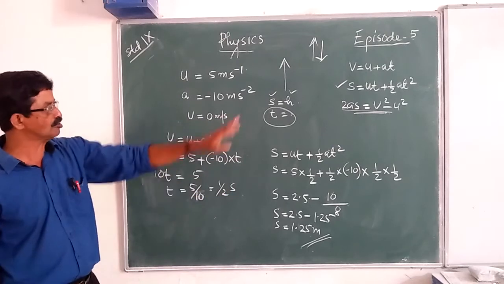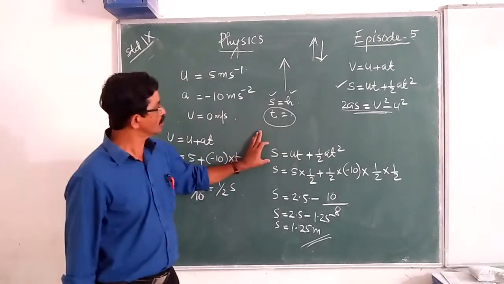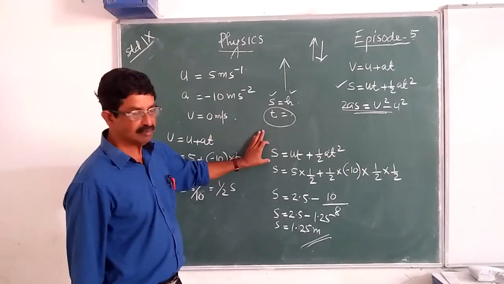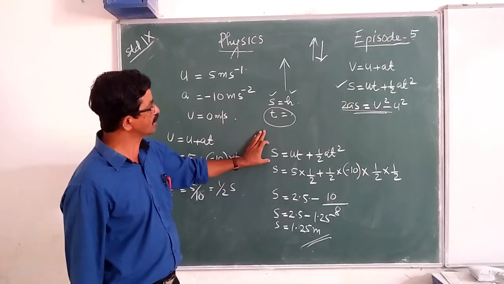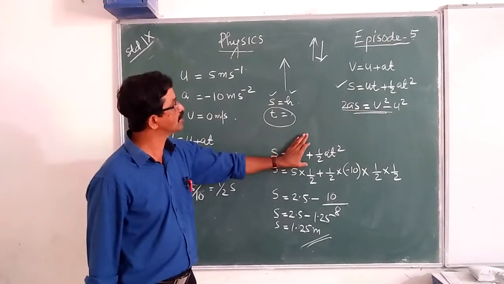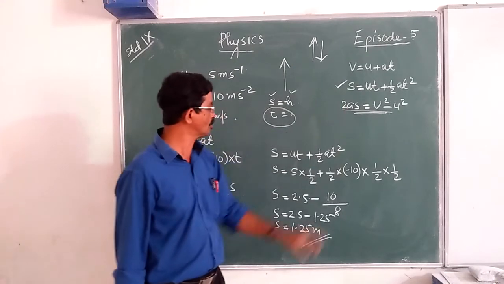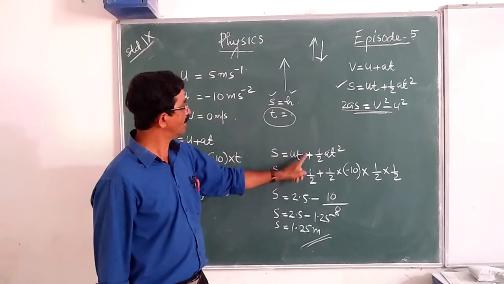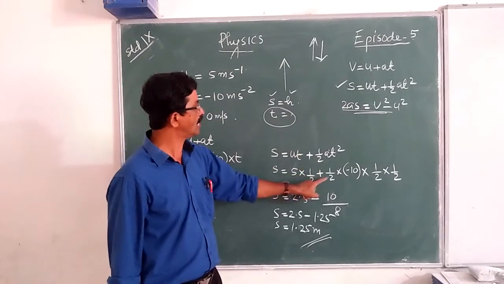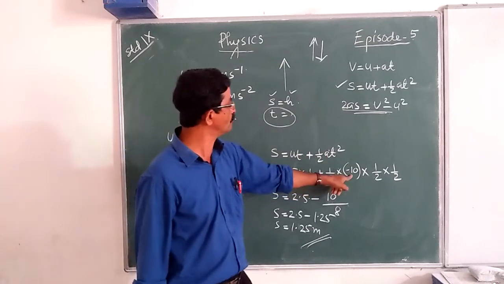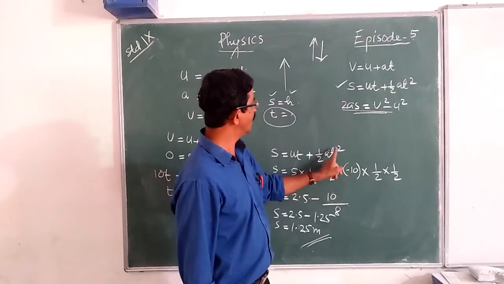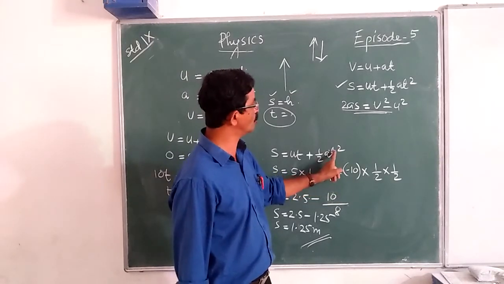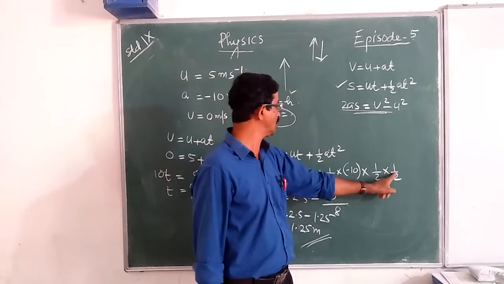We can use another equation also. Now we are going to find the maximum height attained, s equal to ut plus half at square, or we can use this relation also. From this, by putting u as 5 and t as 1 by 2, plus half into, instead of a we put minus 10, and t square is 1 by 2 the whole square, that is 1 by 2 into 1 by 2.